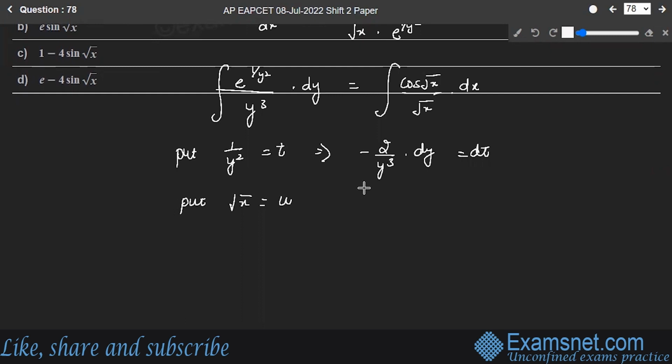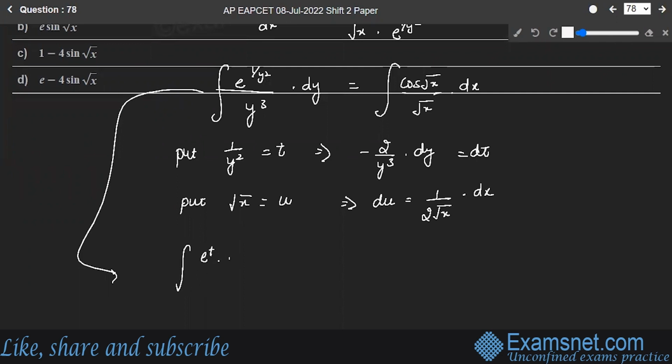So if root of x is equal to u, then du will be equal to 1 by 2 root x into dx. We got all the things. Now we'll be just filling it in our problem. Okay. So this whole integration will become integral e^t dt upon minus 2. This is equal to 2 cos u into du.